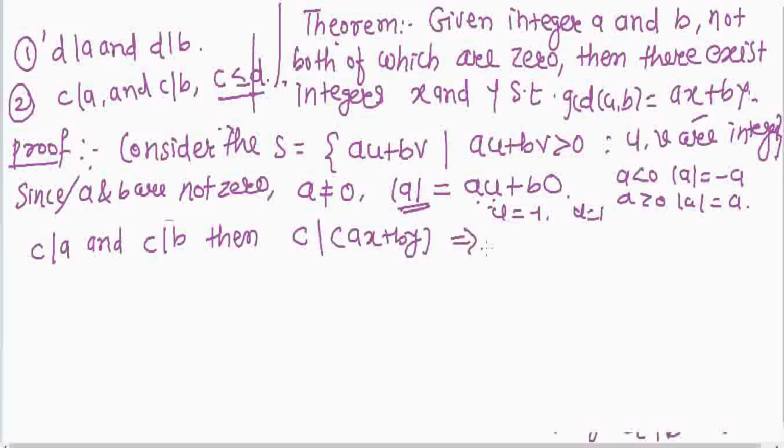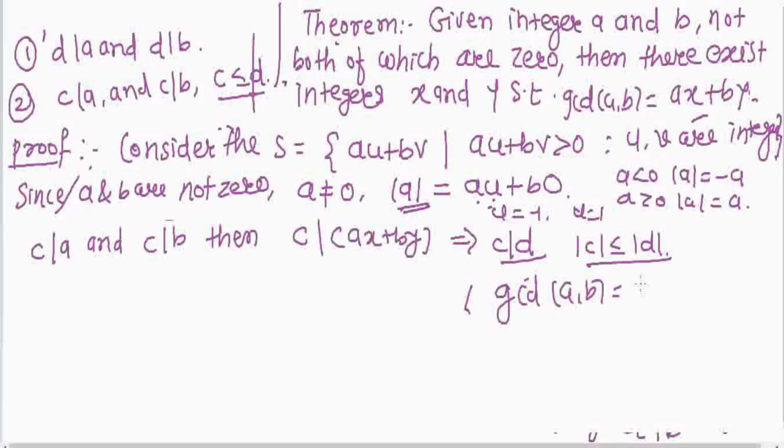So this implies that C is a divisor of D. If C is a divisor of D, obviously mod of C is less than or equal to mod of D. So the second condition of the greatest common divisor is satisfied, and hence GCD of A comma B is equal to D, which we have shown is of the type AX plus BY.